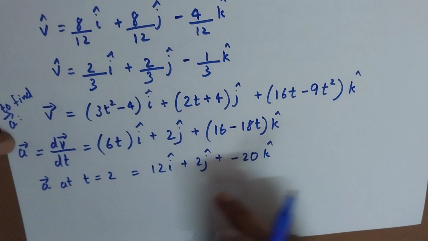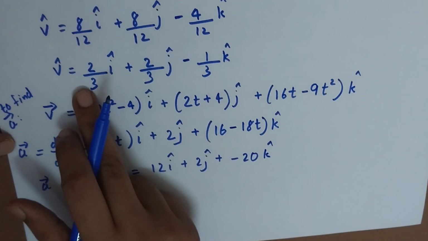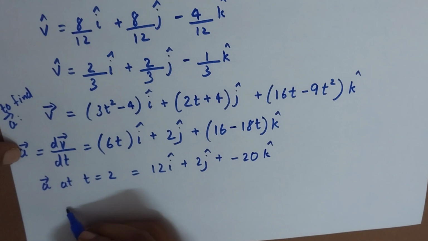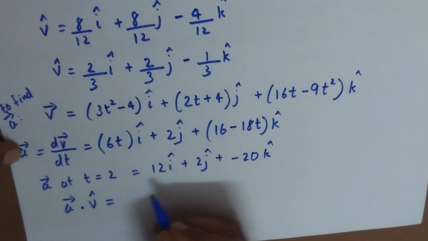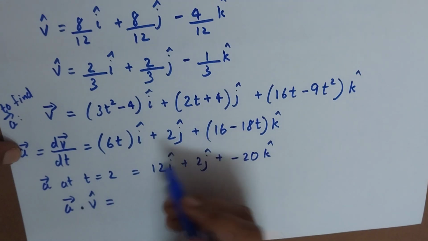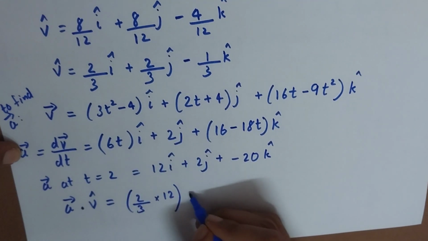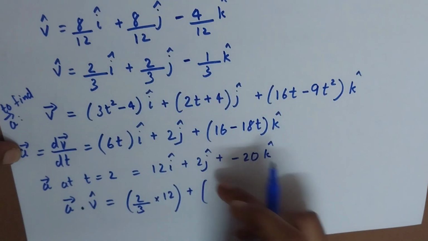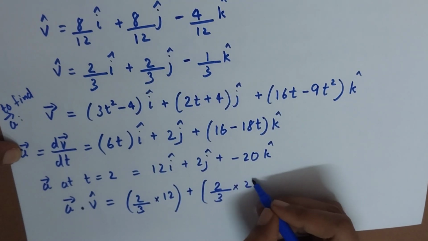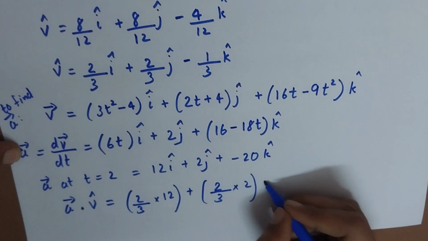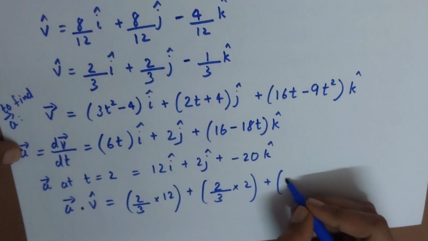Now we have to dot this acceleration vector with v cap. So acceleration vector dot v cap is 2 by 3 into 12, plus 2 by 3 into 2, plus minus 20 into minus 1 by 3.